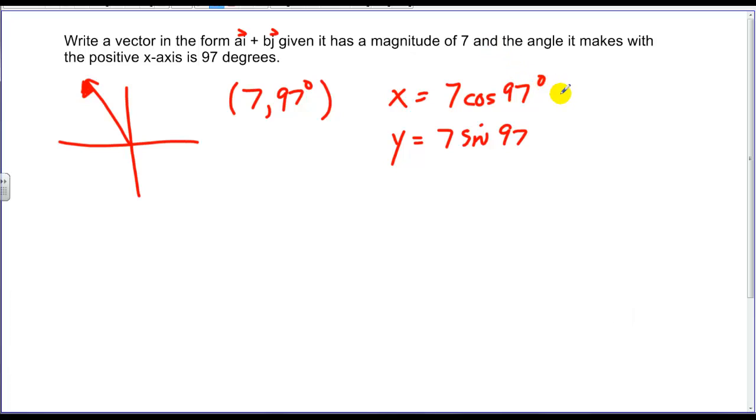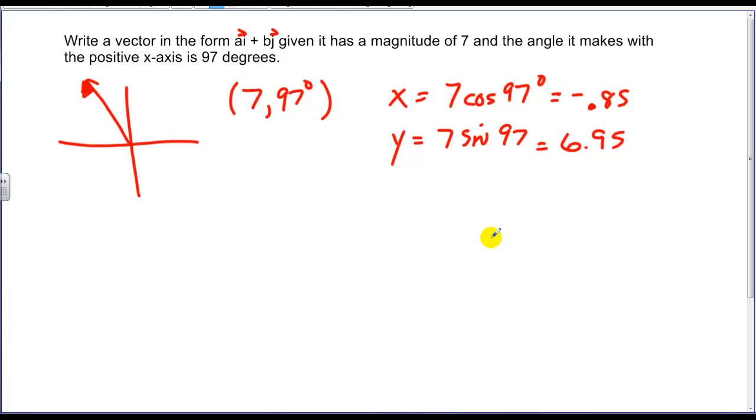7 cosine 97 degrees is roughly 0.85 of the negative type, which makes sense since it's in the second quadrant. And 7 sine 97 is about 6.95.